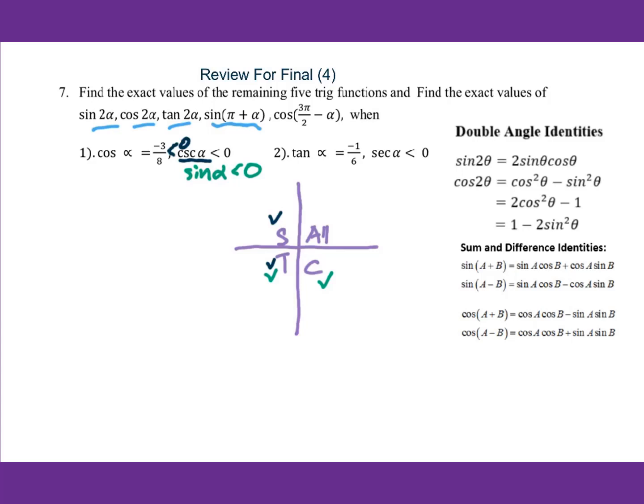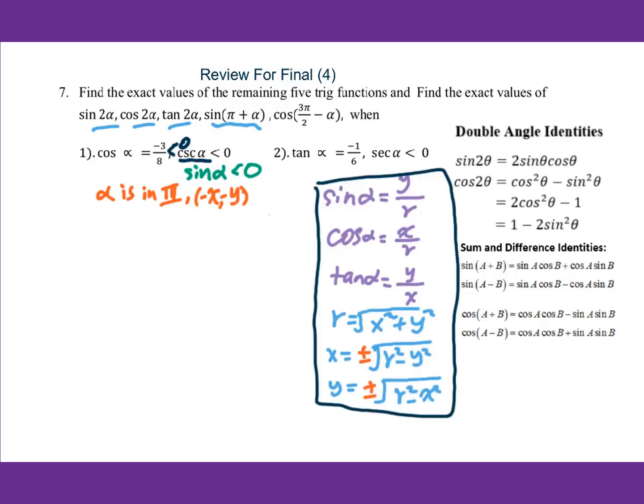Therefore, we know that alpha is in the third quadrant. For the third quadrant, we have negative x, negative y. We need to label this for cosine alpha according to this formula.